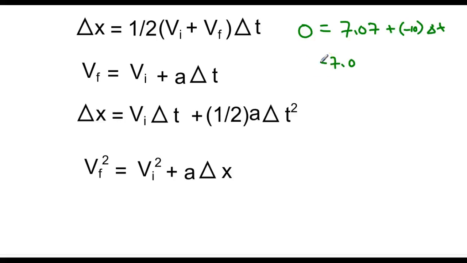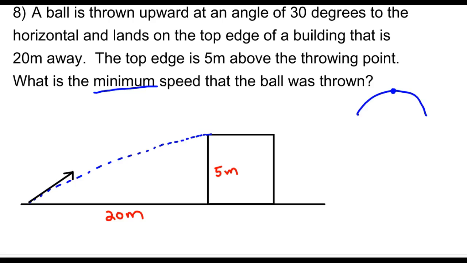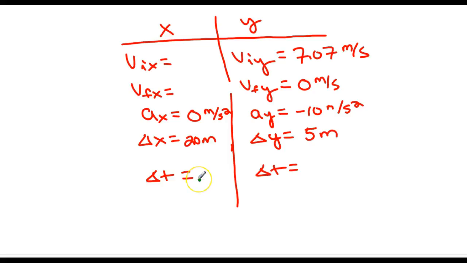So -7.07 equals -10 times delta t. And so I end up with 0.707 seconds is how long it's in the air. So let's go back and put that in, 0.707, and this is in seconds.